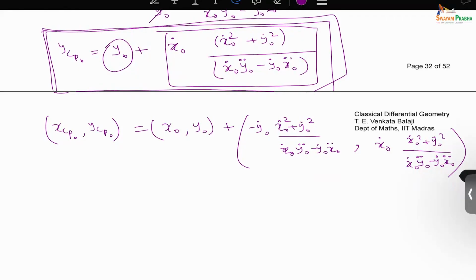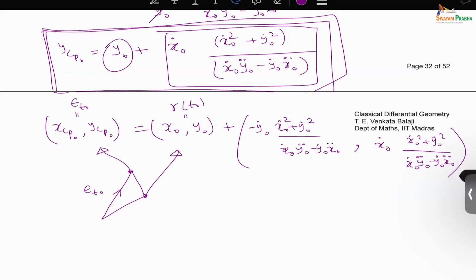So let us interpret this. Again, the picture is like this. There is this vector which is epsilon at t naught, and this point is exactly this point. And then there is this point which is this point. This is just gamma t. This is just gamma t naught, and this is just epsilon t naught.